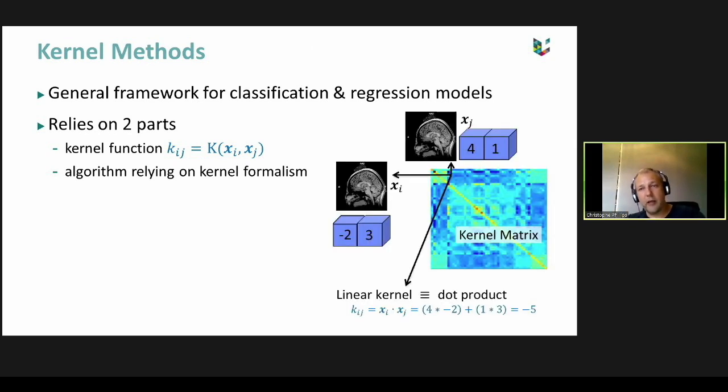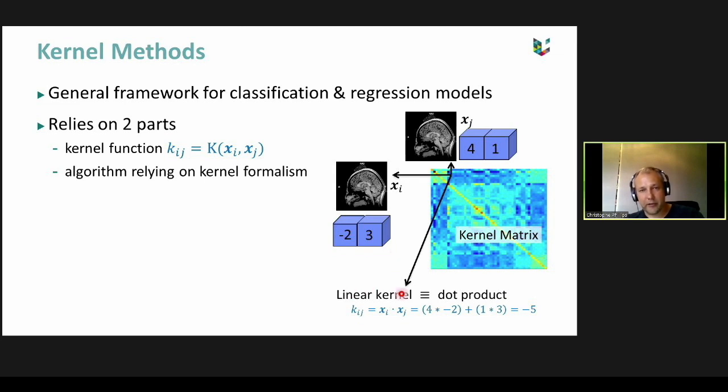A kernel is a very nice way to summarize the content of your data. As you can see, it depends on two samples, so that can be the image of subject i and the image of subject j. And for each pair of images, it will give us one number, K_ij.